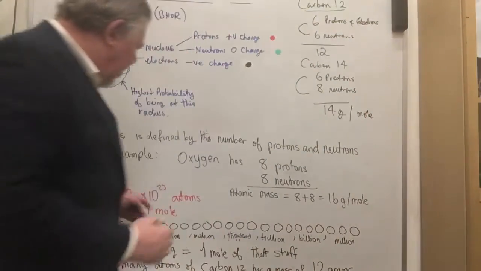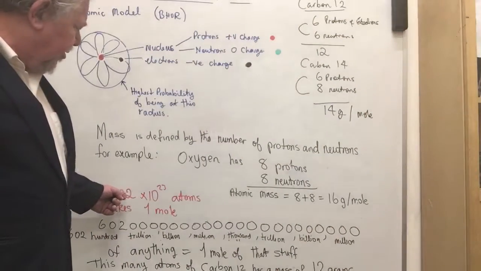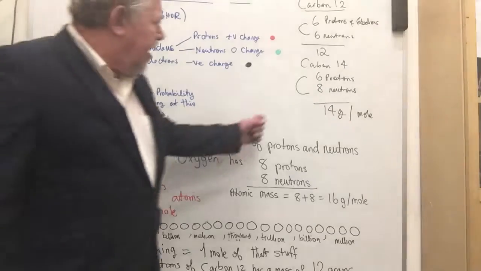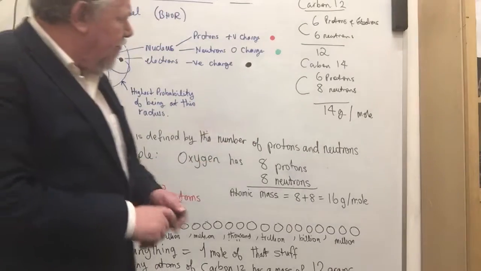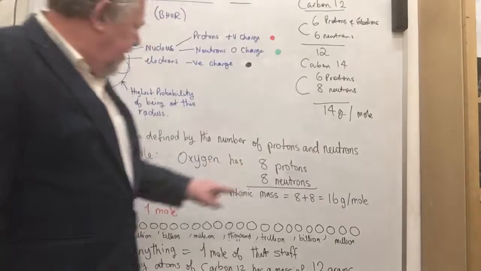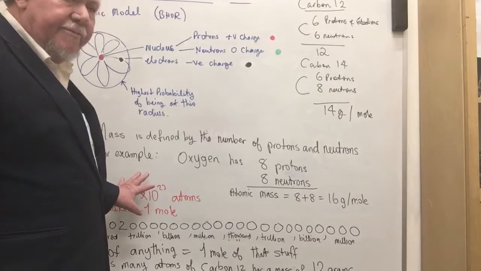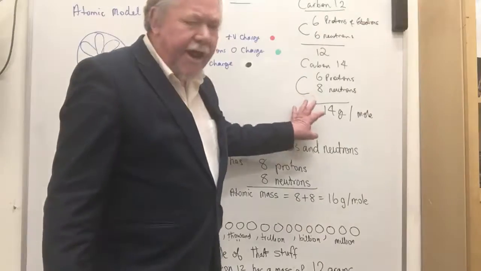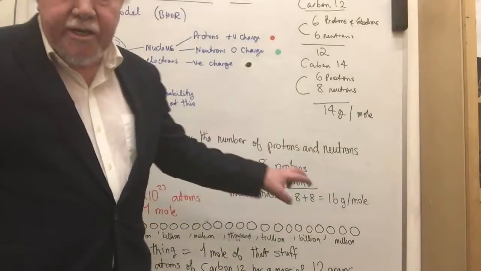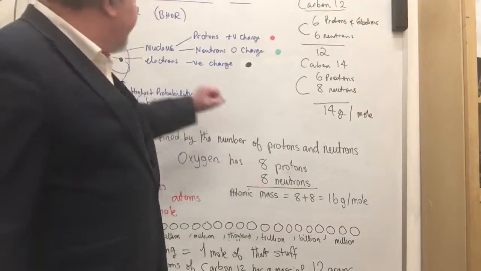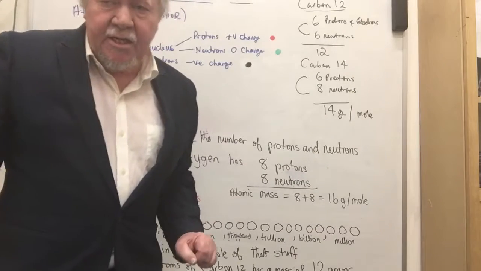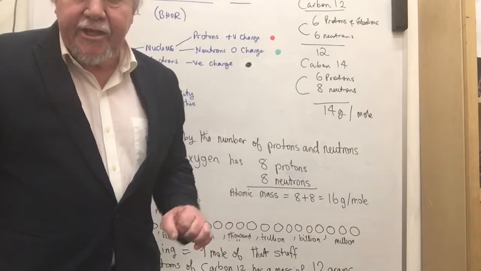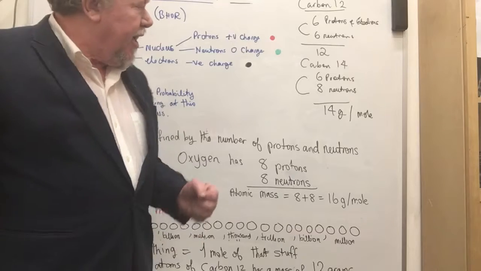Okay, so this is a mole, 6.02 by 10 to the 23, and we'll have 14 grams for each mole. For all of these will add up to 14 grams. Grams is what you and I talk about as being mass. So that defines mass.